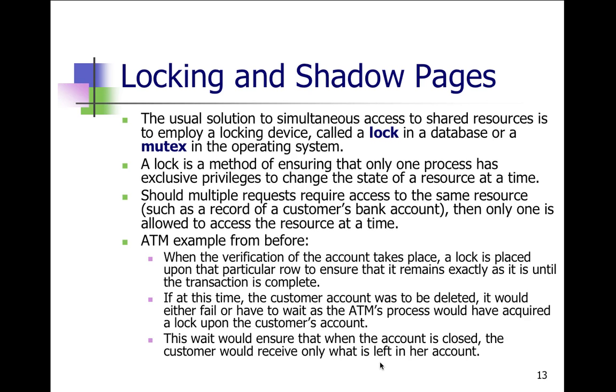So, locking and shadow pages. Sort of like how database implementations are done these days, actually. And I mentioned this before with the ATM example. If I go to an ATM machine, put my card in, access my account, I should hopefully have my account locked. And then if I go to another ATM machine and I access the same account, I should get what's called a shadow page.